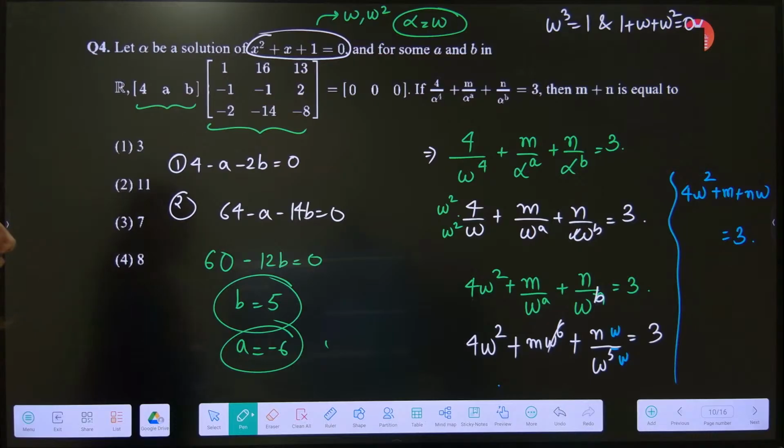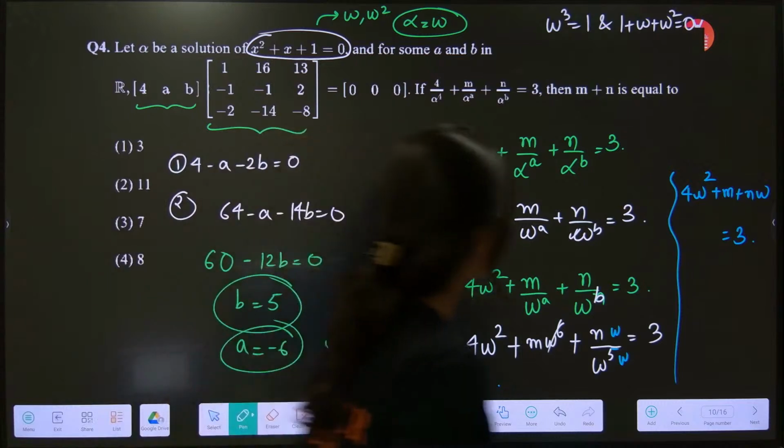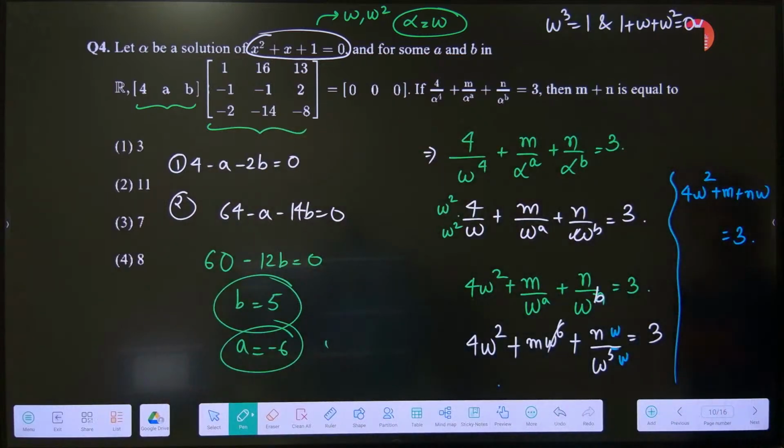m plus n. Okay. So now, omega square. See, if your n is 4, then what will happen?